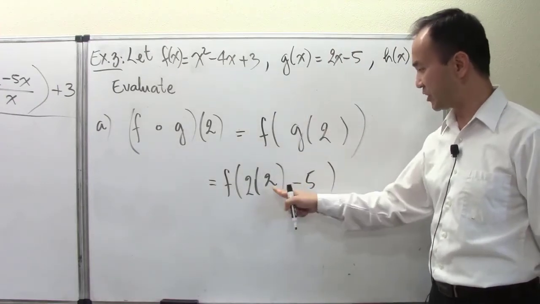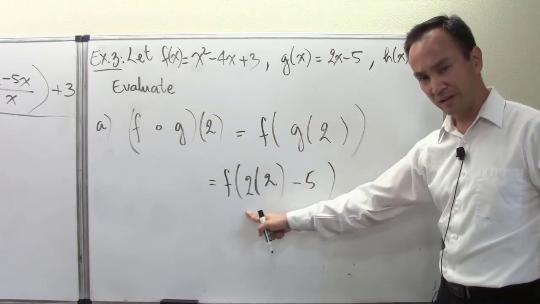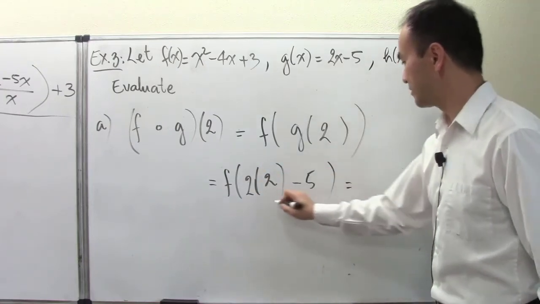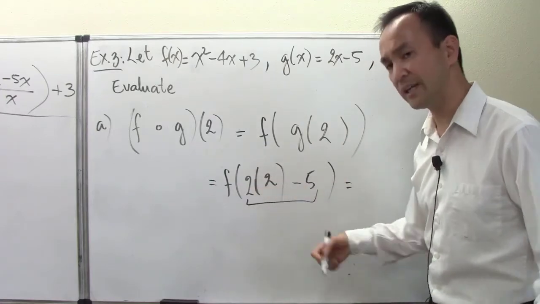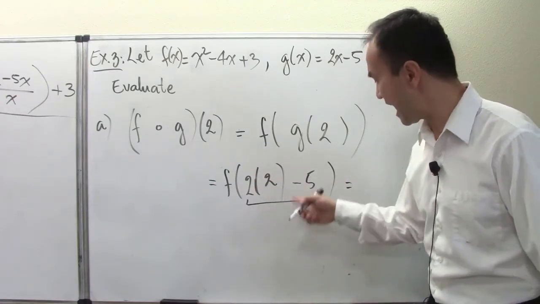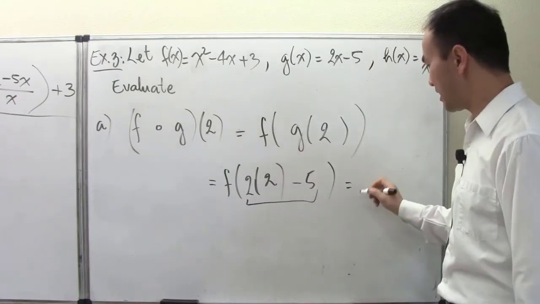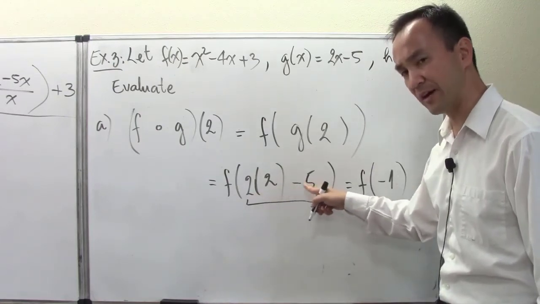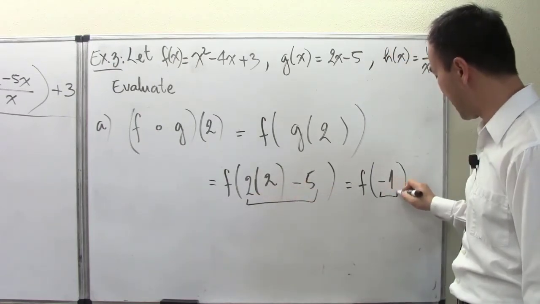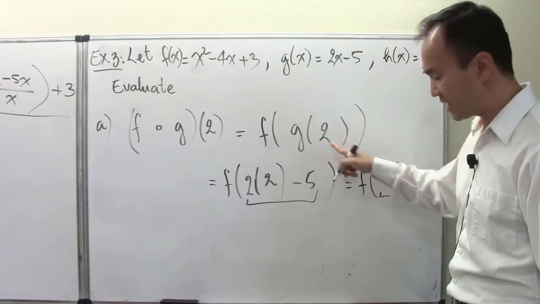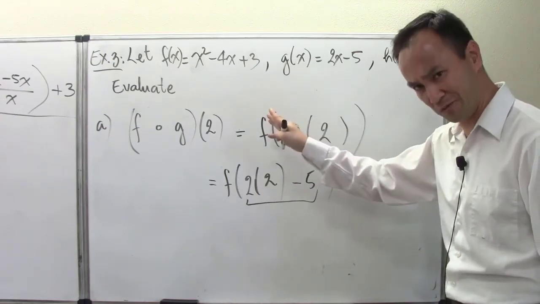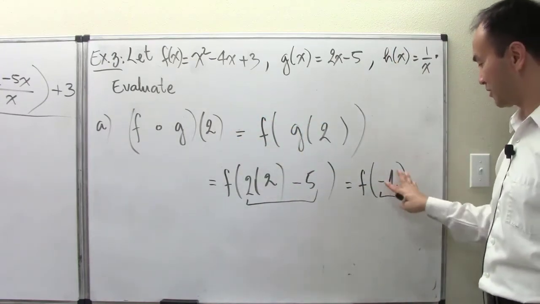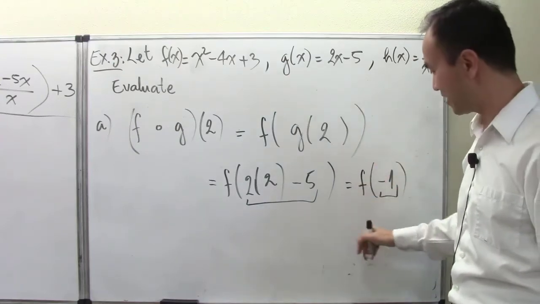That gives us the output for g of 2, and that becomes f of negative 1, because 2 times 2 is 4, minus 5 is negative 1. This output of g of 2 is now acting as the input of f.